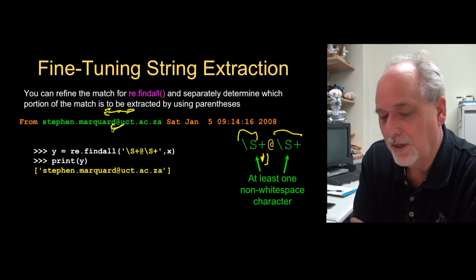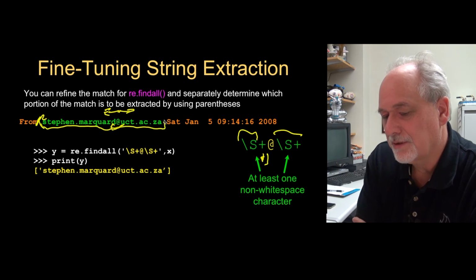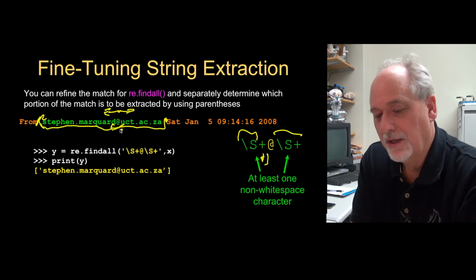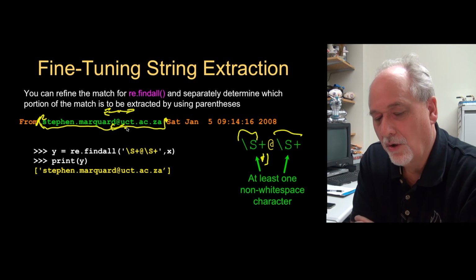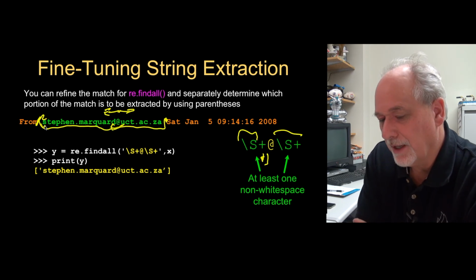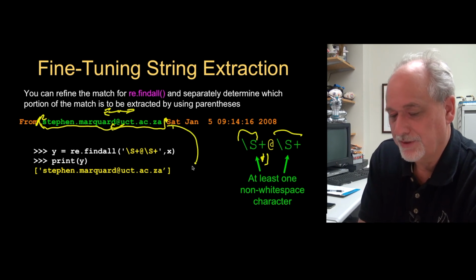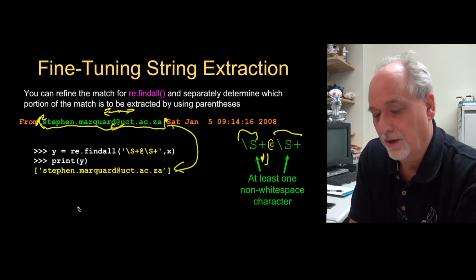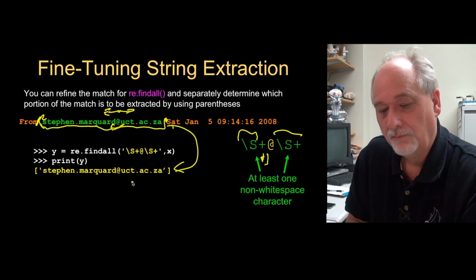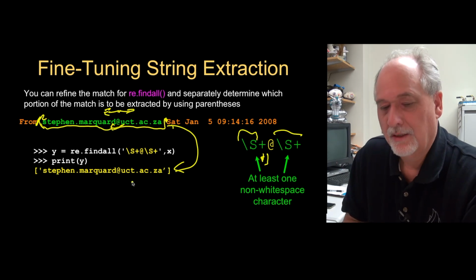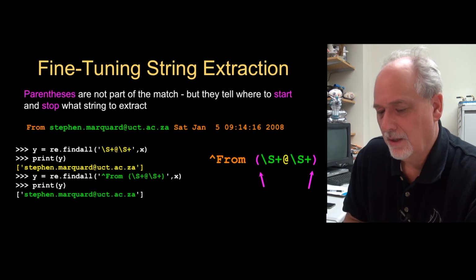But we're telling it to go greedy, so it goes all the way to here and stops at this blank, and then stops at this blank. And so that's a nice little thing. Find the @ signs, go to the first blank, and pull that stuff out. And so that, with one little match, you've pulled this thing out. Now, of course, we've done that before with other techniques. So that's just another way to pull stuff out.